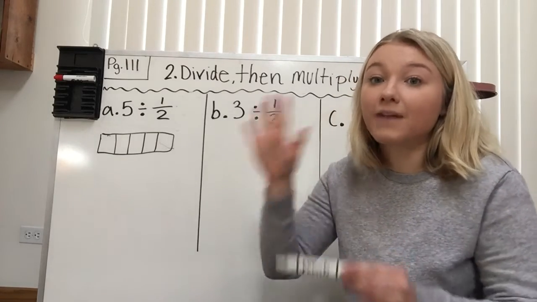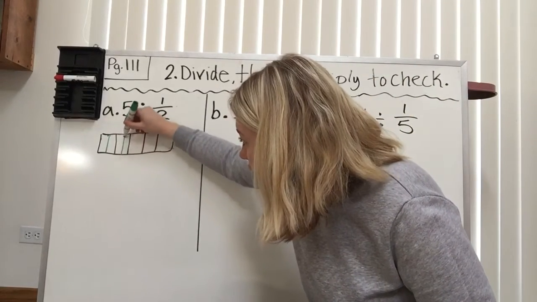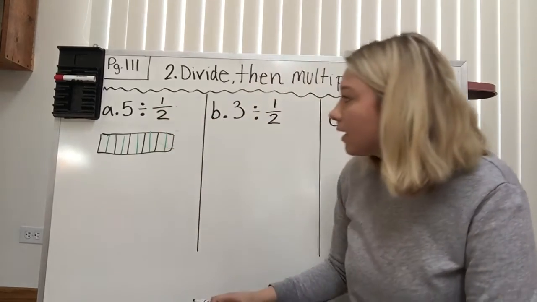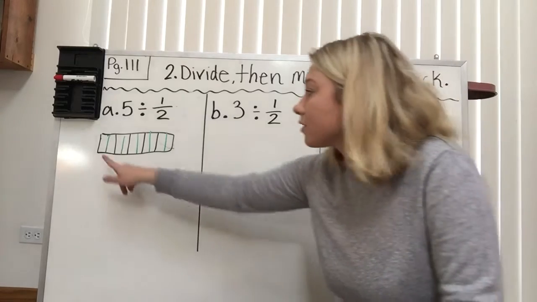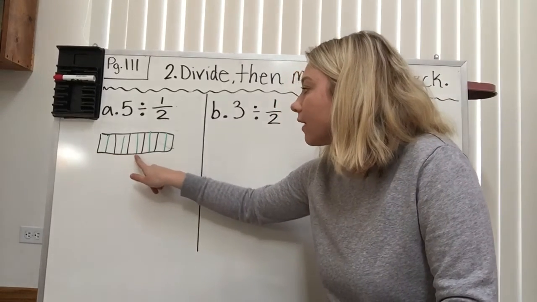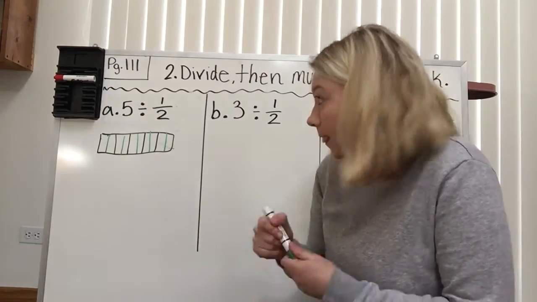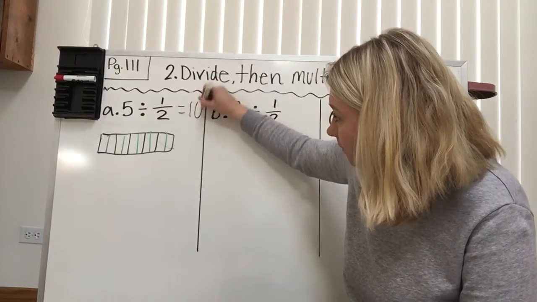So I'm going to divide each of these into 1/2. And now all I do is count the pieces. So how many pieces are left? 1, 2, 3, 4, 5, 6, 7, 8, 9, 10. So 5 divided by 1/2 is equal to 10.